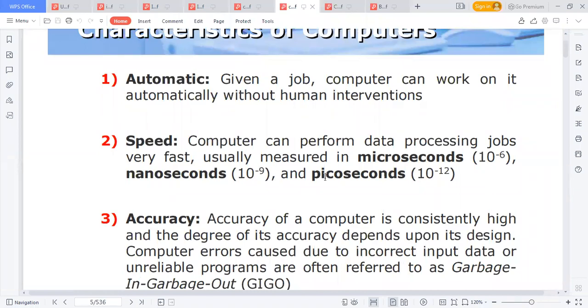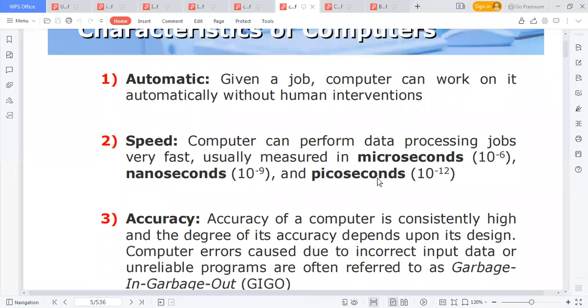Nanosecond is 10 to the power minus 9, and picosecond is 10 to the power minus 12. If we divide a microsecond by 1000, we get a nanosecond. And if we divide the nanosecond by 1000, then we get a picosecond.